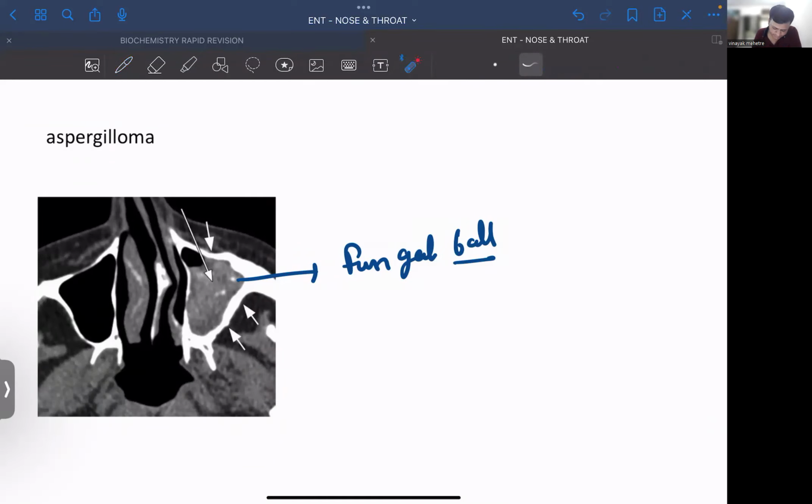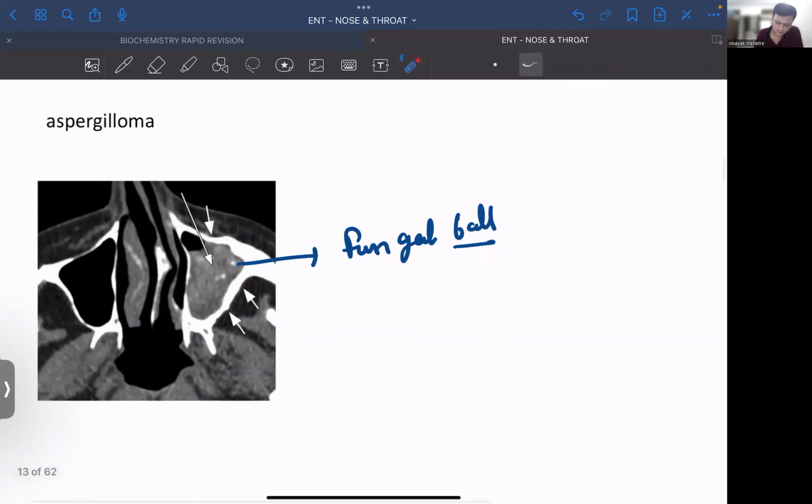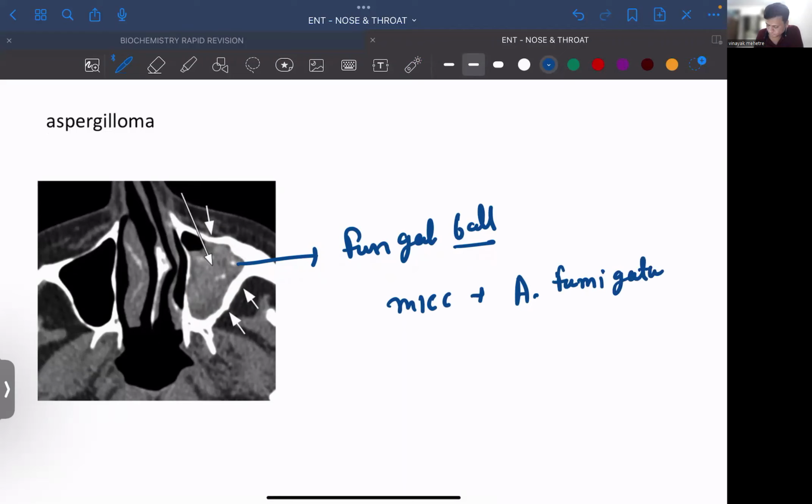So it will take the shape of an organ or the bone. ठीक है, जितना उसका size है, it can grow till that only. It will not cross. Fungal ball is due to which Aspergillus? Aspergillus fumigatus.